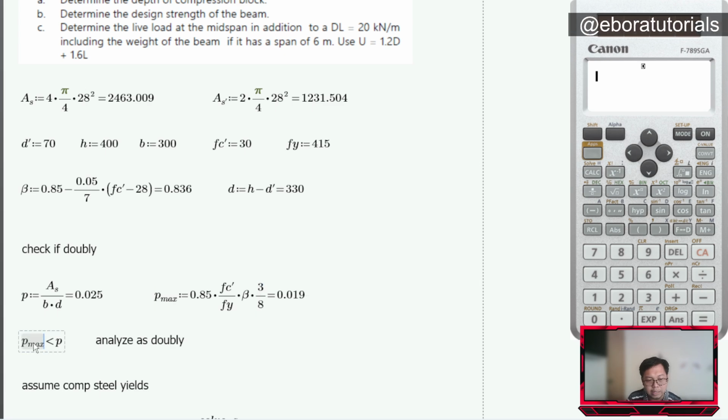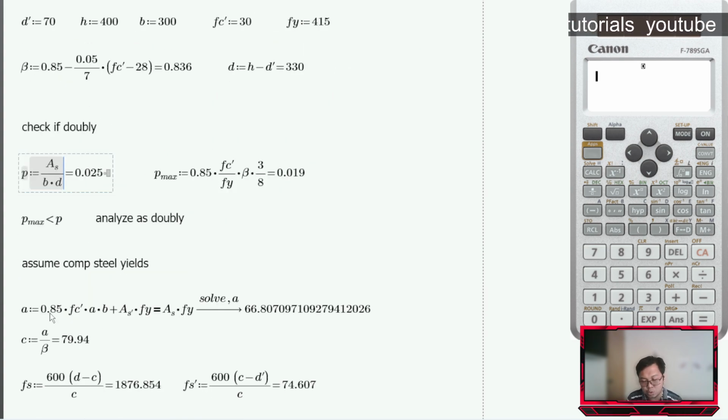So, I hope okay tayo kung bakit 3 over 8 yung ginamit ko. Anyway, since rho max is less than the actual rho, meaning this is actually a doubly reinforced beam, we will analyze this one as doubly reinforced. First is we need to have assumptions for doubly reinforced. I assume that the compression steel yields. What will happen if I assume that the compression steel yields?